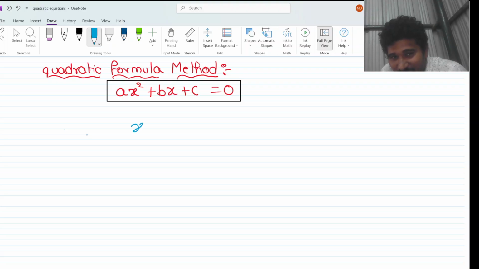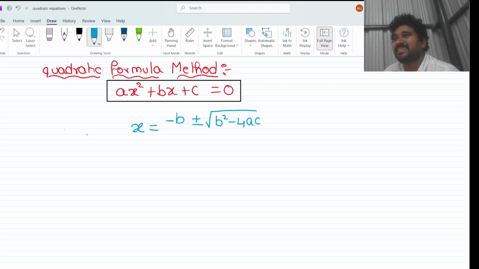That x value is equal to, directly it will give the formula, x is equal to minus b, the coefficient of x, plus or minus root of b square minus 4ac, right, divided by 2a.